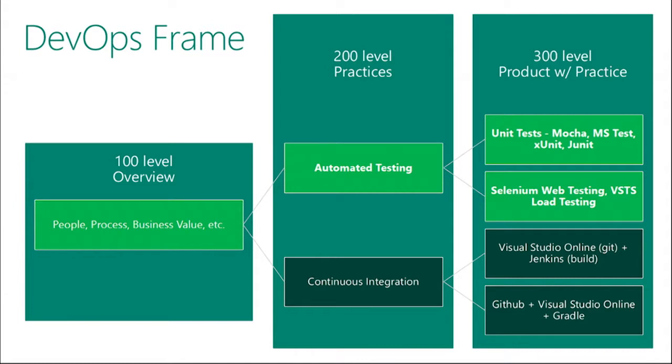That's where the practice of automated testing comes in. And then from there, you can map to a bunch of different tools and processes that you can use to actually implement that practice, like unit testing using Mocha or MS Test, or Selenium web testing, or load testing, etc. So that's what we're going to cover today.